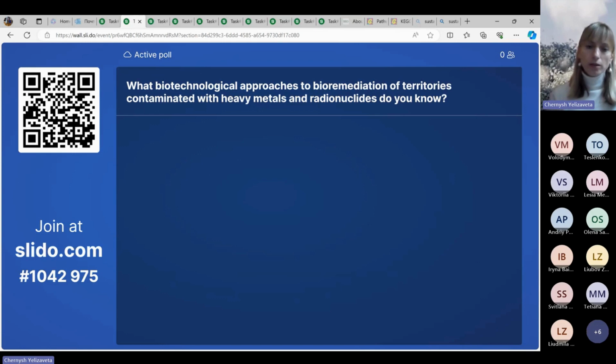And we can use this mechanism as a biotechnological approach to bioremediation, involving some engineering part, some techniques, to apply this natural mechanism of biological protection to a bigger implementation in territories contaminated with heavy metals and radionuclides.